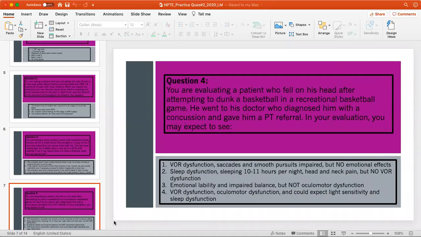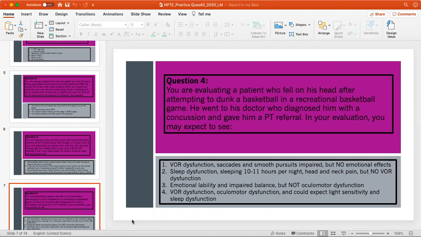Okay, so question 4, you're evaluating a patient who fell on his head after attempting to dunk a basketball in a recreational basketball game. He went to his doctor, who diagnosed him with a concussion and gave him a PT referral. In your evaluation, what signs and symptoms of concussion may you expect to see? 1. VOR dysfunction, saccades and smooth pursuits are impaired, but no emotional effects. 2.